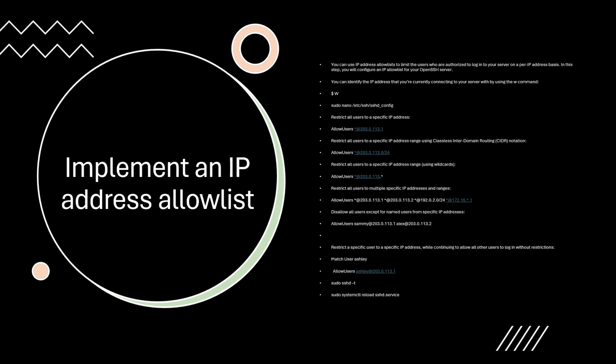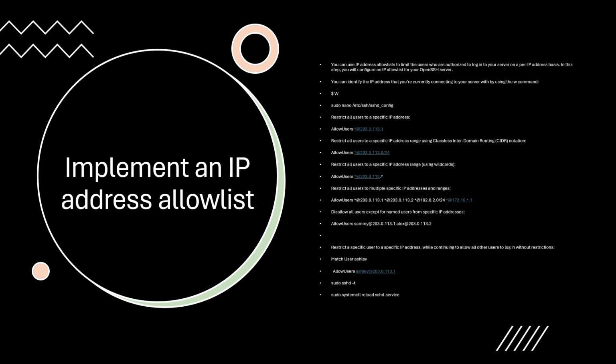Next, to restrict all users to a specific IP address range using wildcards, you would use the AllowUsers command at the IP of 203.0.113.*, and that's how you do that. Next is to restrict all users to multiple specific IP addresses and ranges.